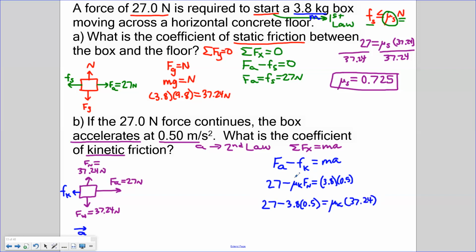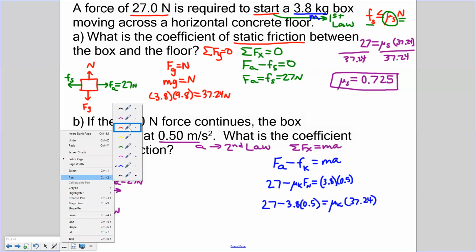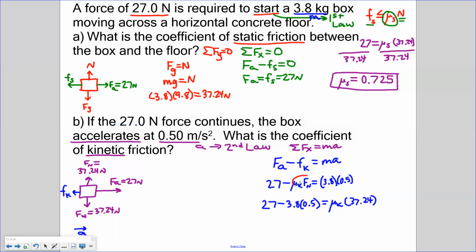All right, so we've rearranged the equation to get mu k on one side by itself. I subtracted this whole term to the other side, so they just flip-flop each other. To get mu k by itself, we got to divide by 37.24.